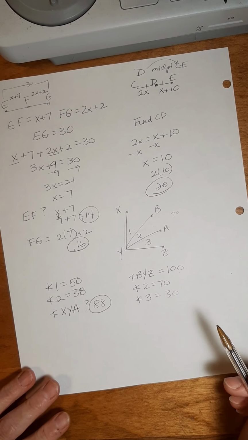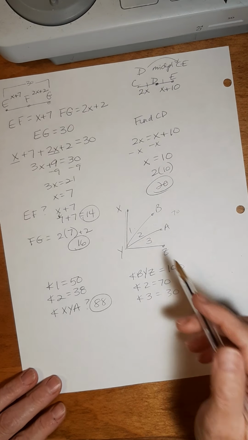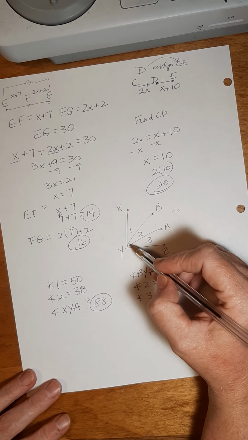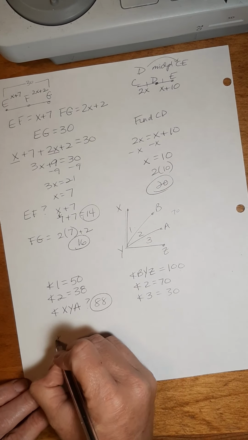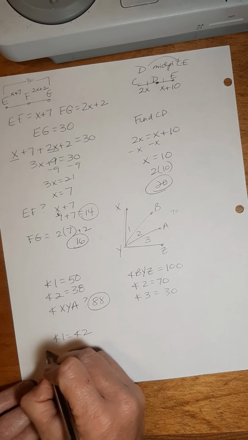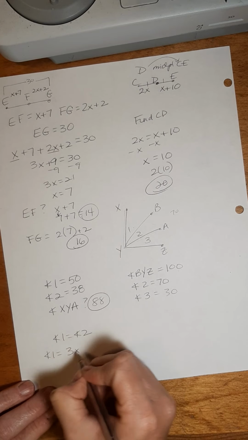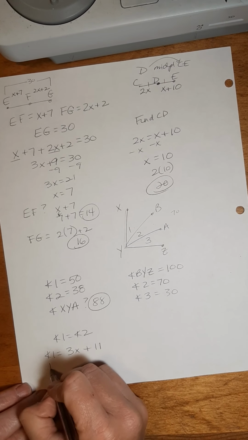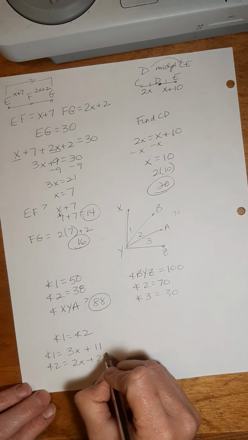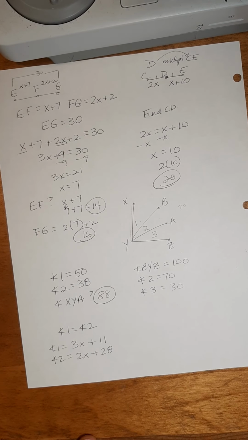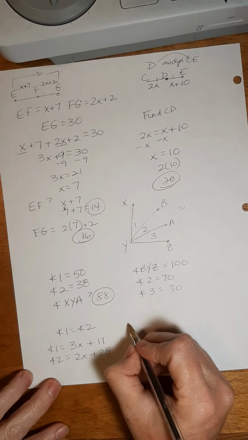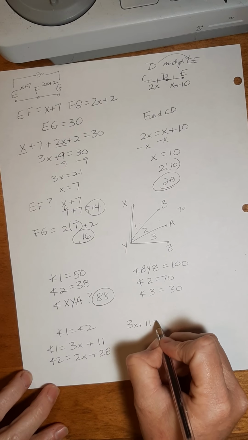And of course, just like with anything, let's say that I said that angle 1 equals angle 2. So if angle 1 is 3x plus 11, and angle 2 is 2x plus 28, and if I said find x or solve for x, if you know they're equal, literally you're going to set them equal.